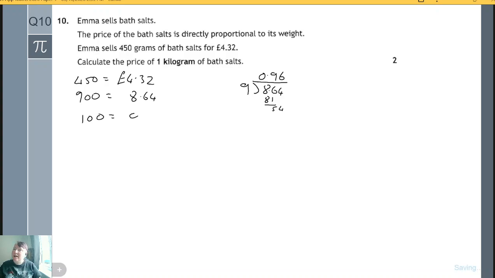So we are going to add 96 pence to get our total. 0, carry 1, 6, carry 1. Sorry, 16. That's £9.60 for 1 kilogram. Okay.